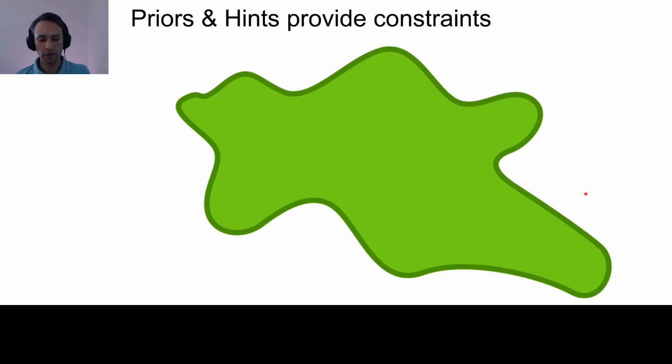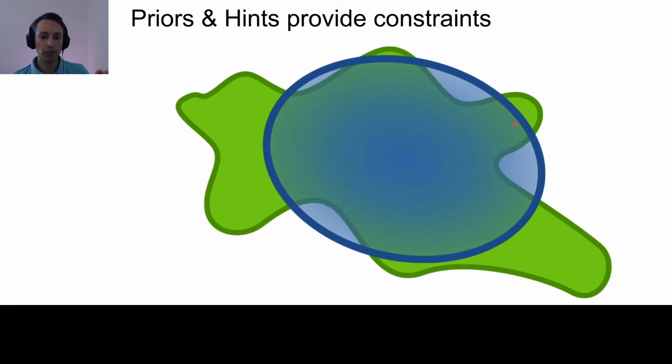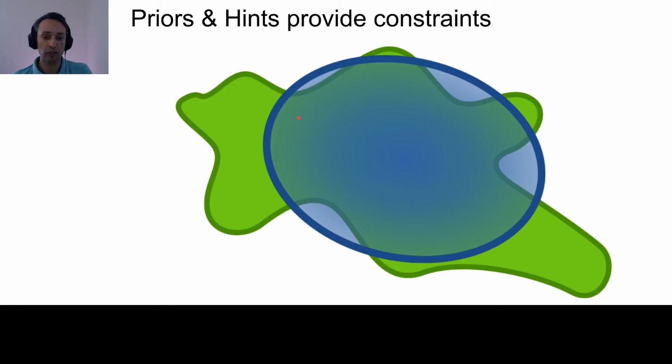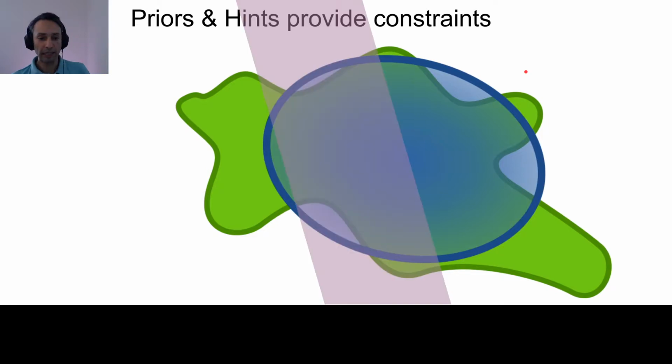So let's try to visualize this in an abstract way. If we think of the space of all possible models that you're trying to learn, this will be this green region here. Each point in this region corresponds to one model that has been trained. If you have a prior, this tells which region is allowed for your model and which area is most likely to be true and which area is unlikely to be the true correct model based on what you know a priori. And then every time you receive a hint, this will constrain the space of possible models that could exist because it needs to explain this one hint that has been provided.